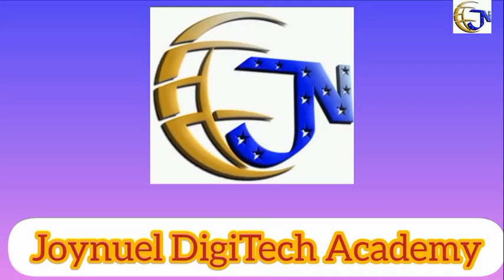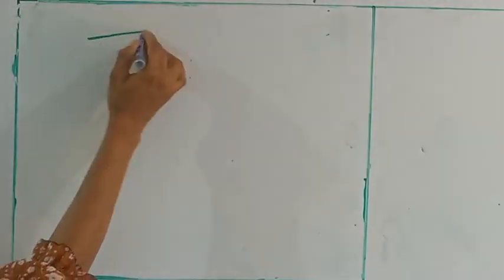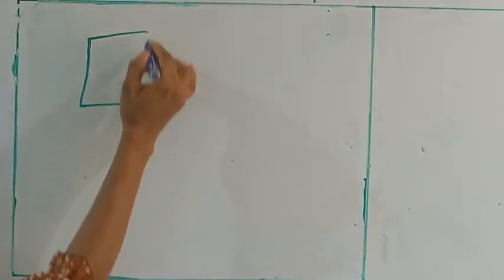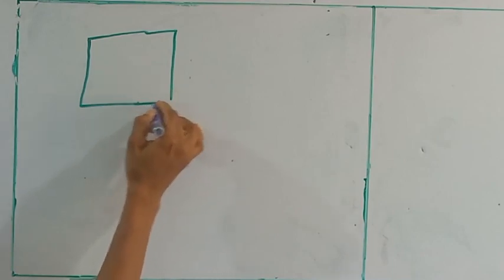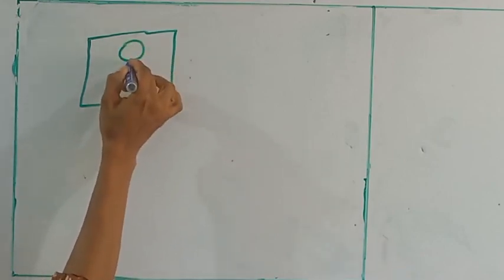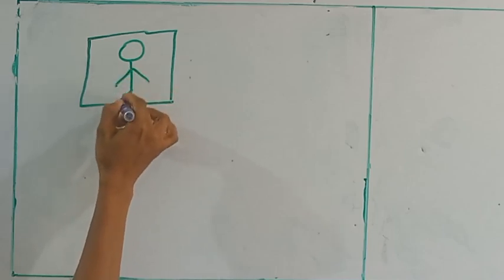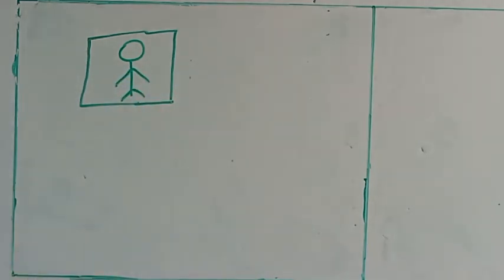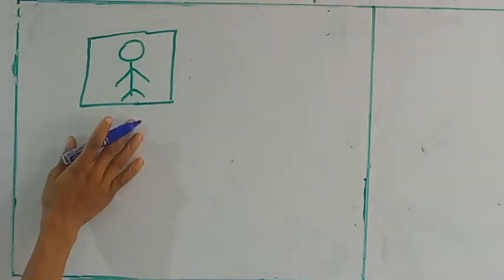Welcome to today's class. Okay, let's have this to be an elevator. Let's say we have a man inside a lift or an elevator. 2 forces are acting on this body.